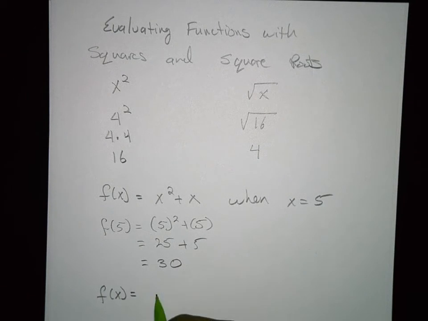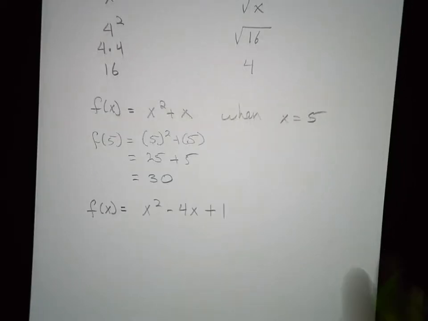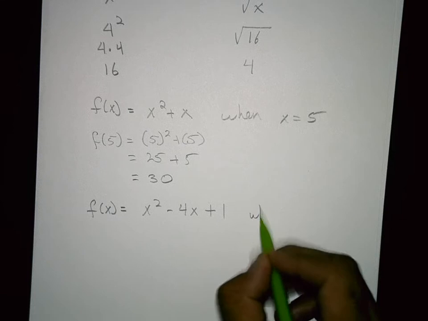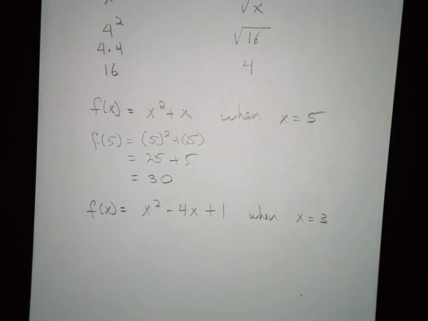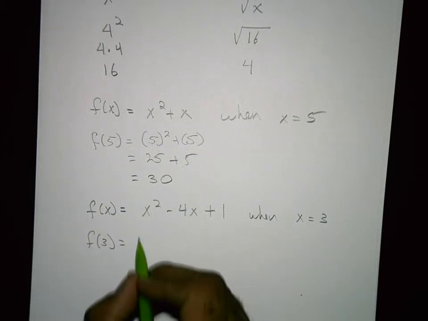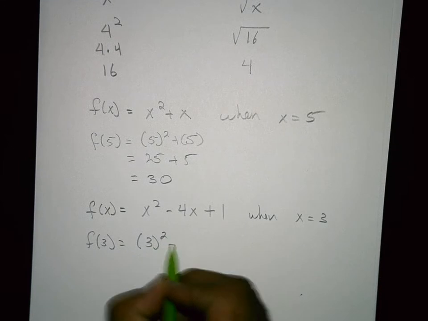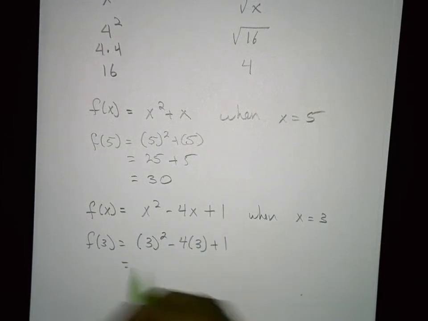Now f of x equals x squared minus 4x plus 1, and x equals 3. I'll go ahead and plug this in. f of 3 equals 3 squared minus 4 times 3 plus 1.